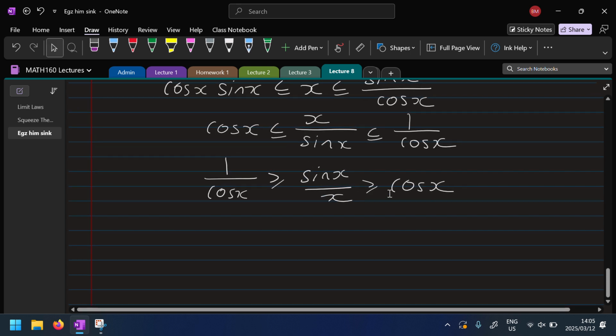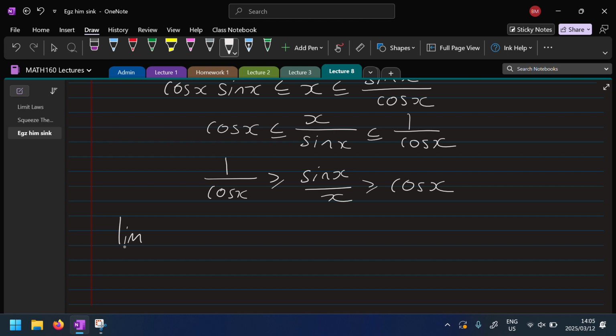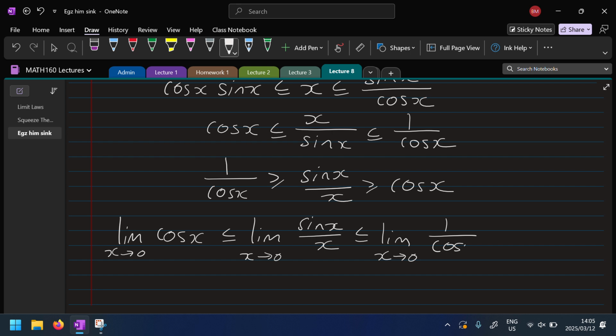And now we can do the limits. So we're going to have the limit x goes to 0 of cos x is less than or equal to the limit x goes to 0 sine x over x, which is what we wanted, and it's in the middle, which is good. And this is less than or equal to the limit x goes to 0 of 1 over cos x.